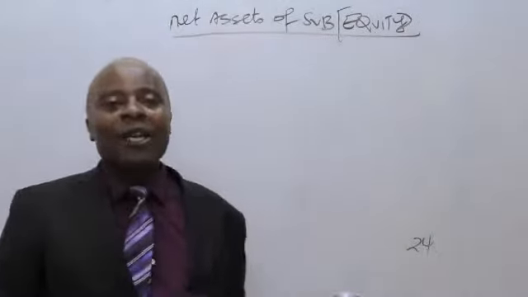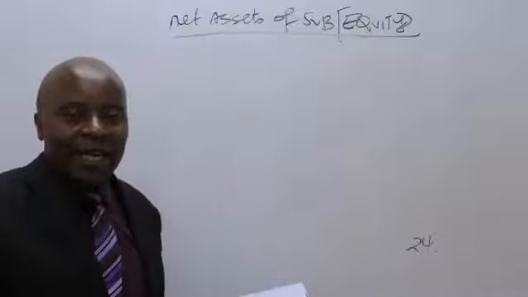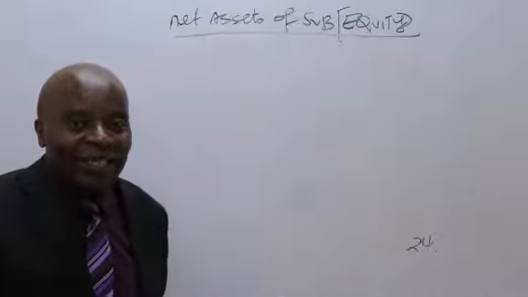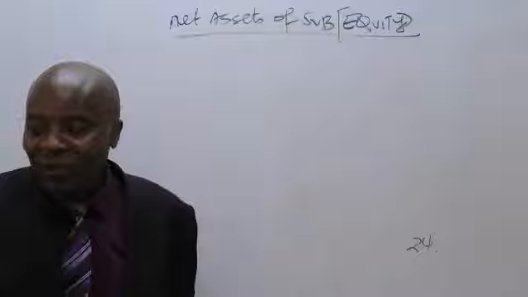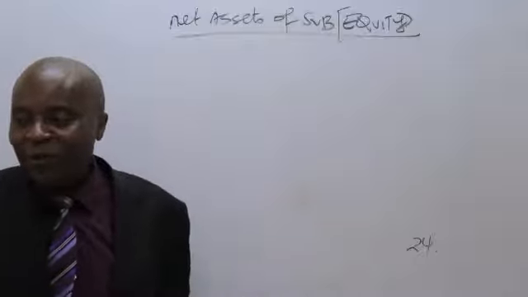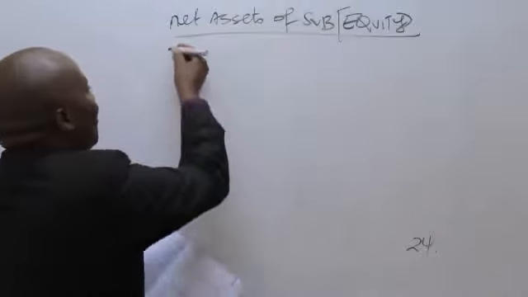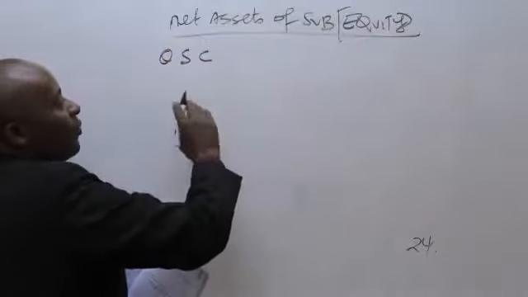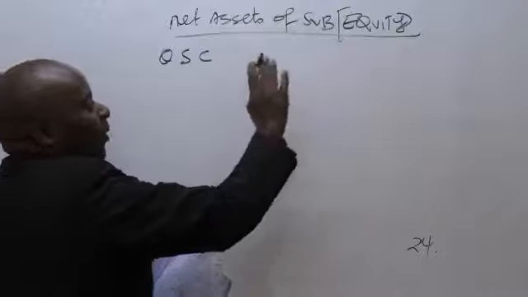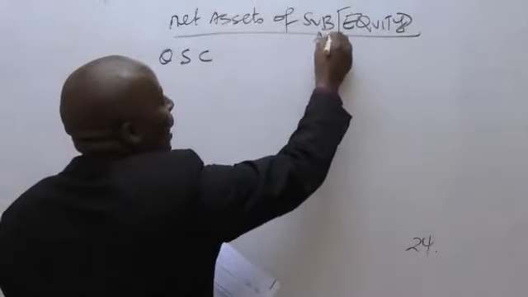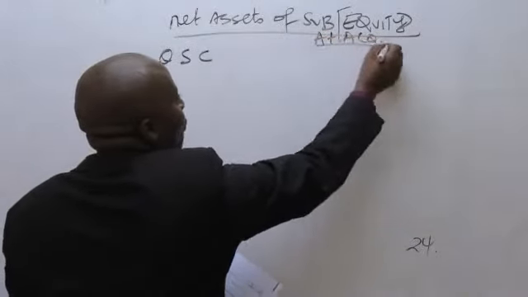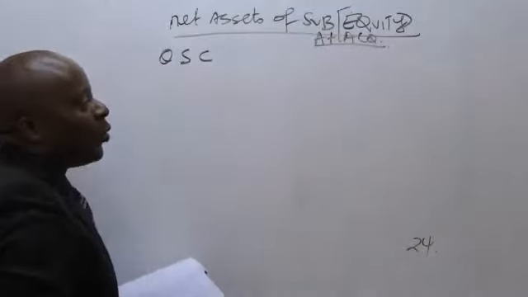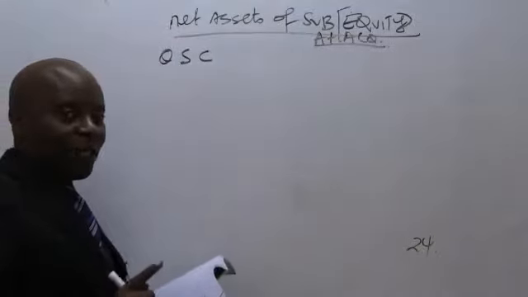Mliambia ordinary share capital, you guys are bright. Ordinary share capital, yes. And remember, just for purposes of getting goodwill, I only need the figures at the date of acquisition, because we are computing goodwill at acquisition.